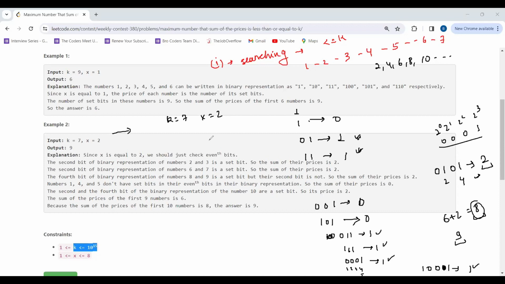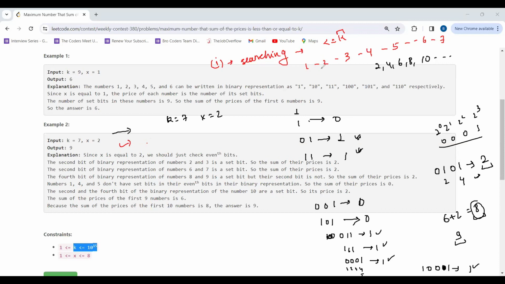How? Let's take this example. Find the search on k, right? The sum of all the candidate set bits should be less than or equal to k up to those elements.